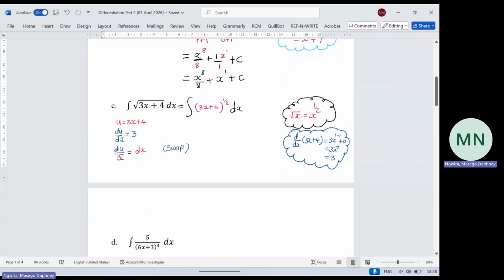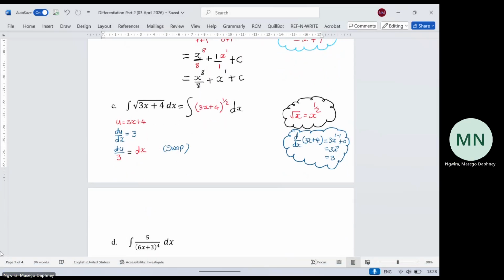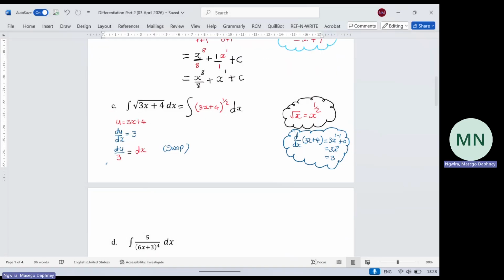Okay, so now it means that my dx is going to be du over 3. So let me write it here. Therefore, dx is equal to du over 3. And now we are going to start integrating.